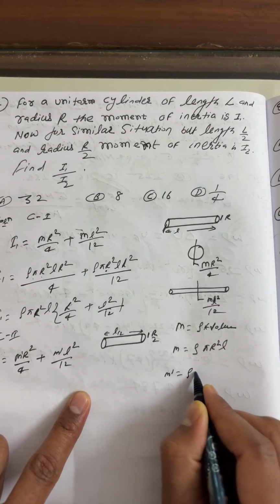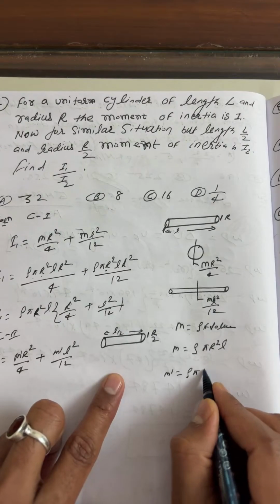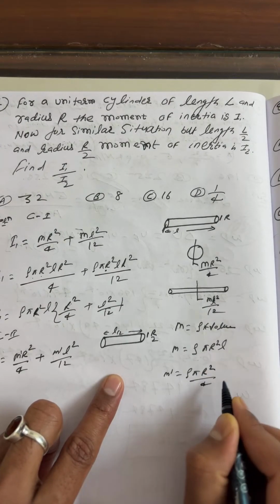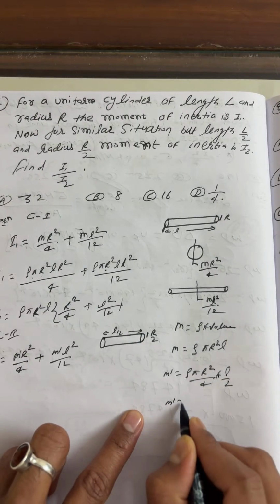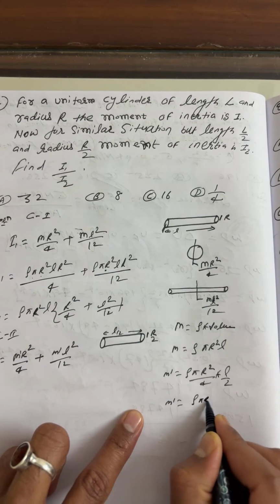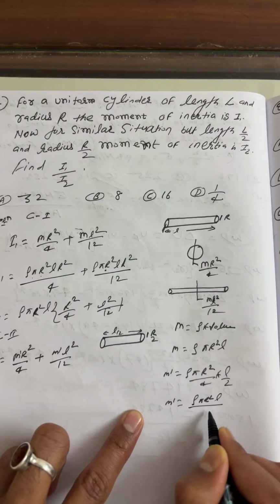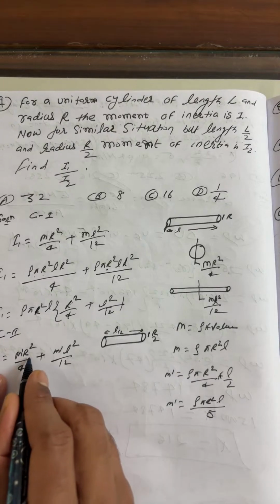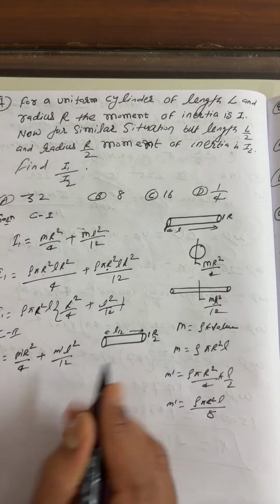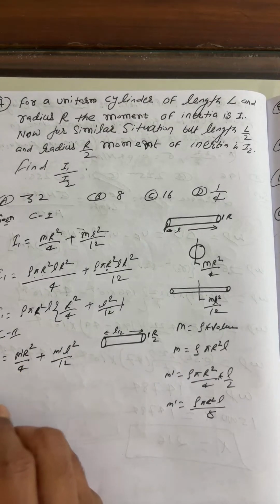This is rho pi, and r is r by 2, so r square by 4, into L by 2. So M prime is rho pi r square L upon 8. This value we can feed over here, with r as R by 2 and L as L by 2 taken into consideration.